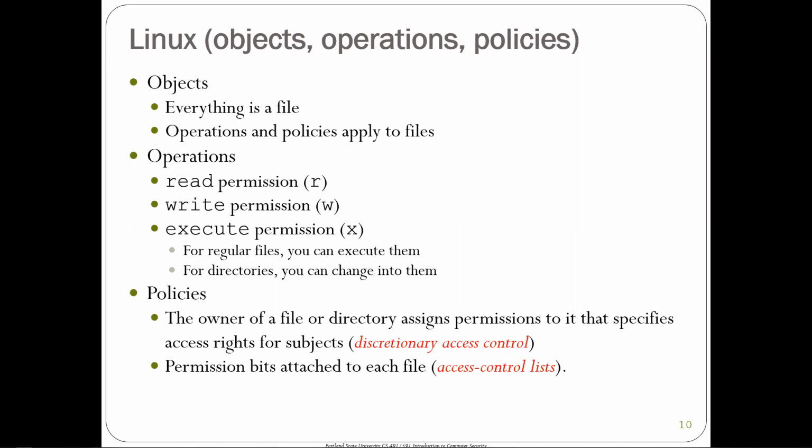The permission bits, the permissions that the owner defines, are attached to each file. It's done on a file by file basis. And so if you look at this in our definitions, this is discretionary access control, where the permissions are stored as access control lists attached to the resource.